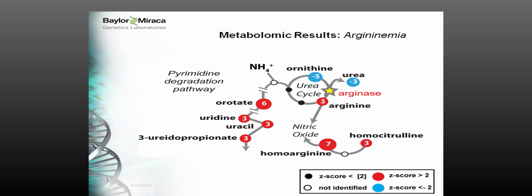Ornithine and urea, downstream from arginase, have low z-scores, but also over on the right, there is an impact on pyrimidine biosynthesis and degradation, as well as the nitric oxide pathway, with very elevated levels of homocitrulline and homoarginine that we're particularly interested in with regard to better understanding the pathophysiology of argininemia and why they get spastic diplegia and intellectual disability irrespective of level of hyperammonemia.